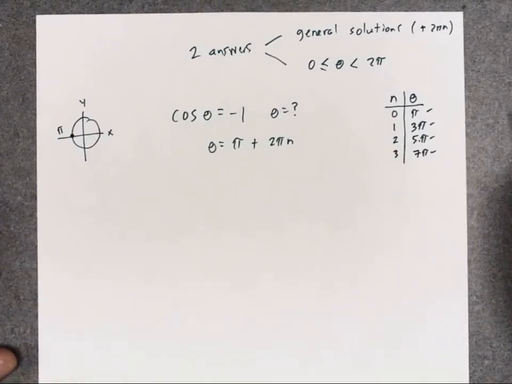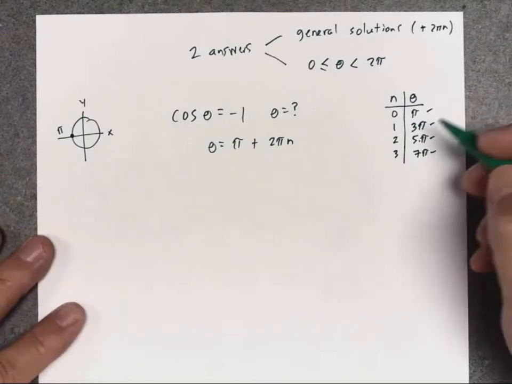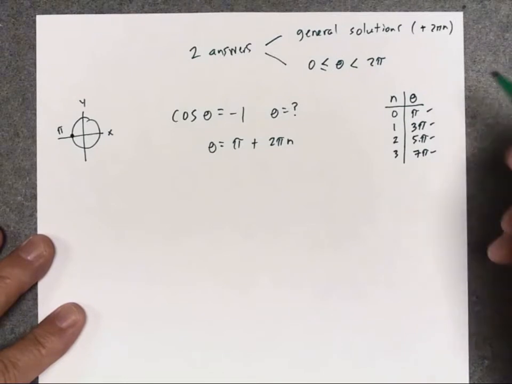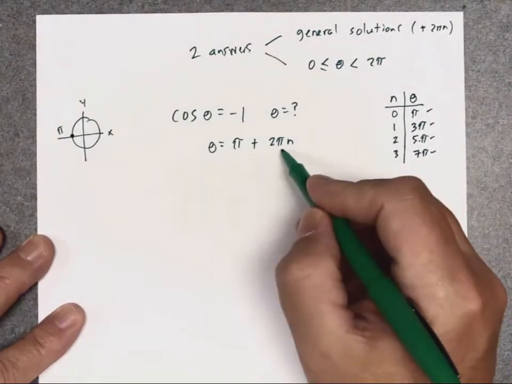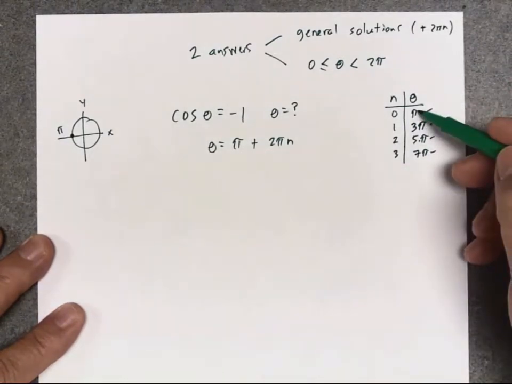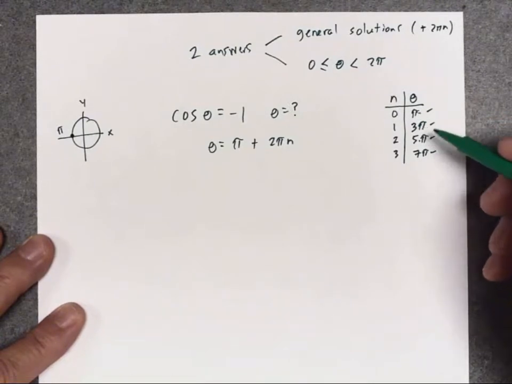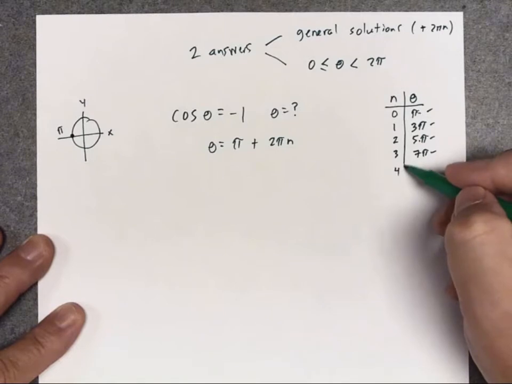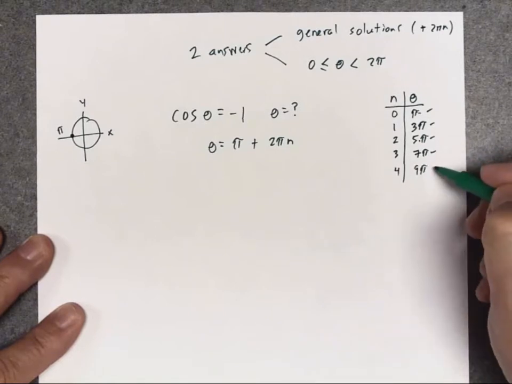So a very economical and clever way of expressing all these solutions is to write it like this. Because you see, in this case, each of these solutions increases by 2 pi every time.